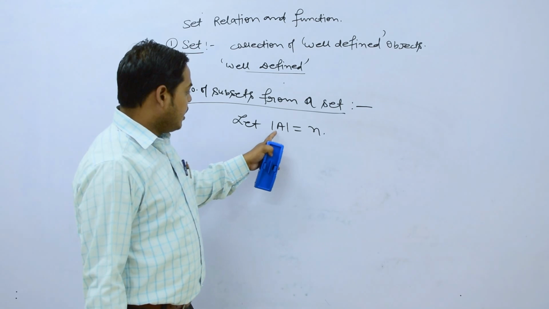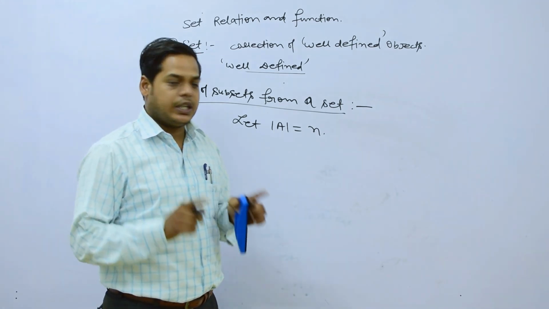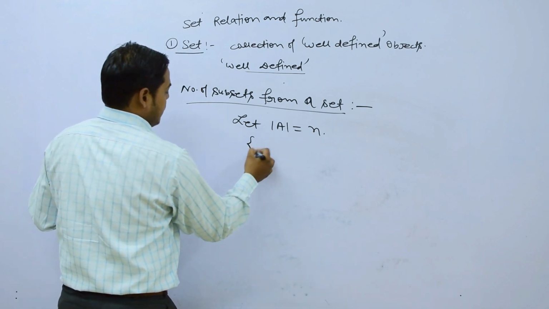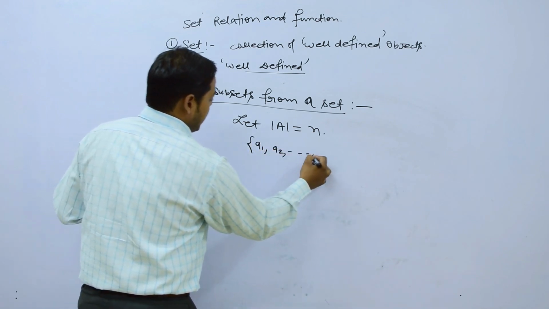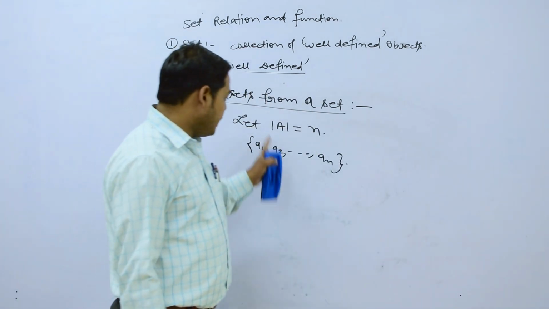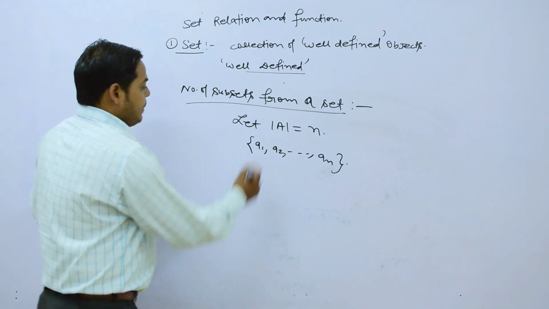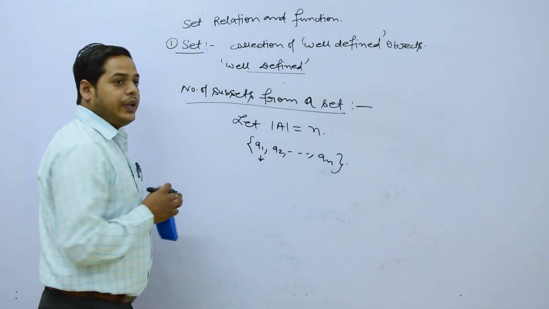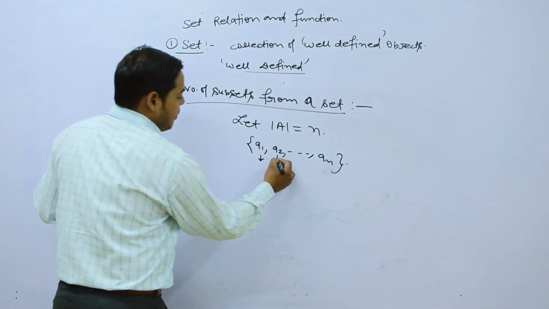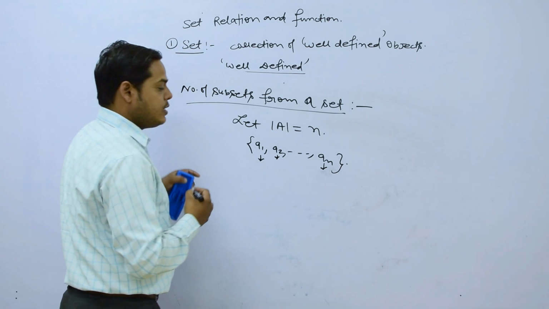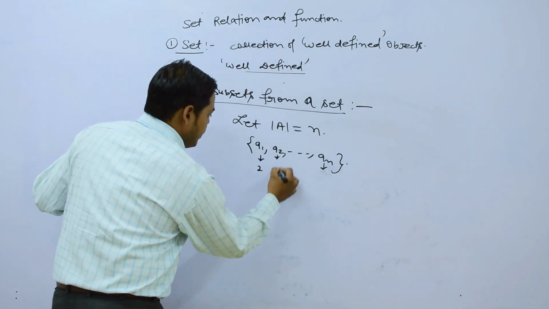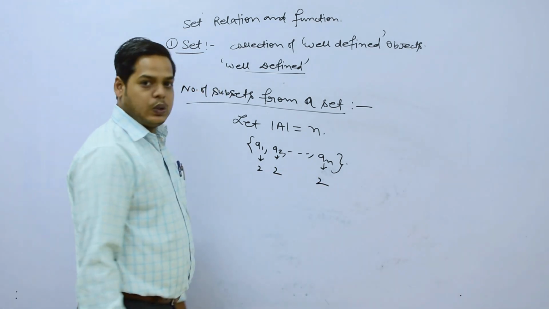Here we write cardinality of A means number of elements present inside the set A. If set A contains n elements like A1, A2, An, then if you want to form a subset from A, then each element of A has two choices. Either we can take A1 inside that subset or we cannot take. A2 also has two choices, An also has two choices.